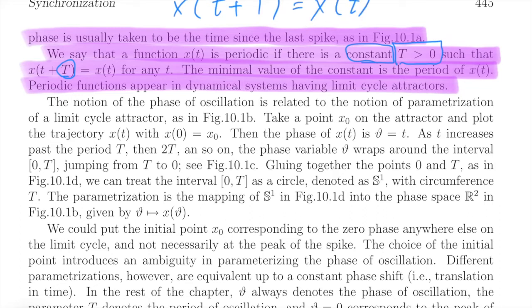This is the definition of periodicity, right? The value can also be 2T, or 3T, whatever. x of t plus 3T also is equal to x of t. But the minimal value of this constant is the period. We call this T, the minimal value, the period.